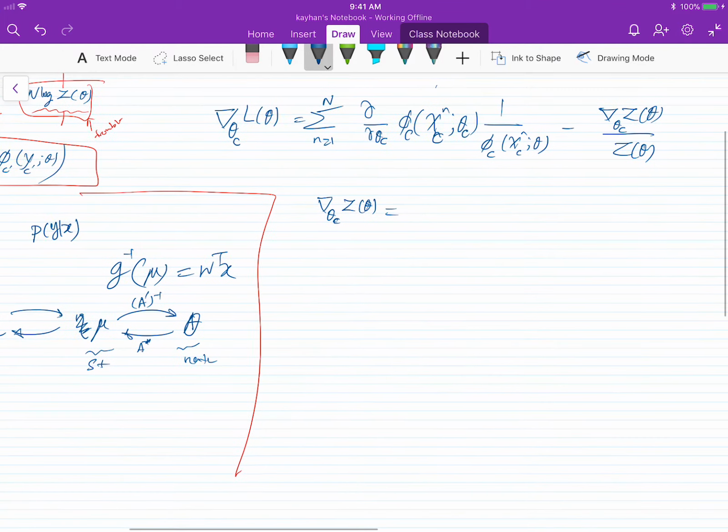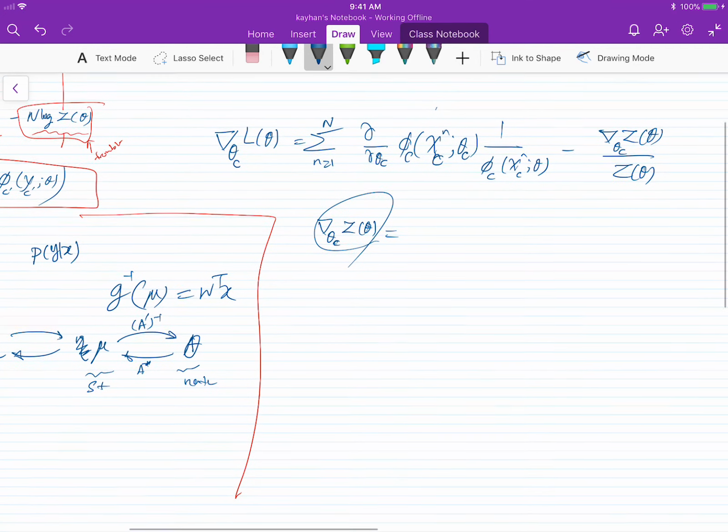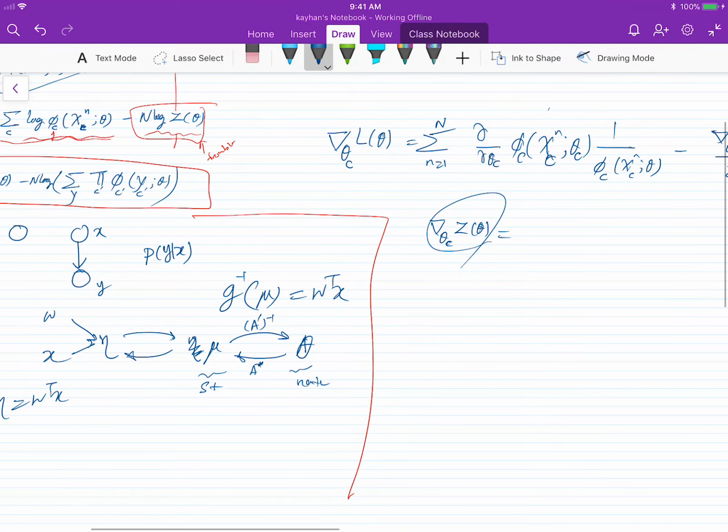So the challenge is taking the gradient of this term. Now remember what Z looks like. If I take the gradient of that with respect to theta c, I'm going to get only the c term, because that's the only term that survives.